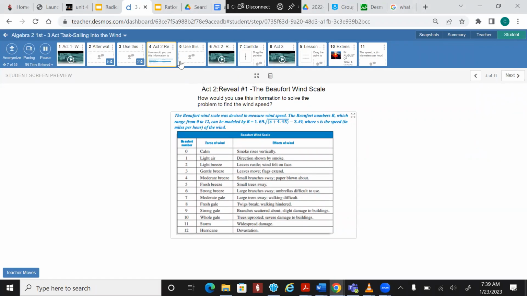That kind of stuff. So if I tell you this information, the Beaufort wind scale was devised to measure the wind speed. Beaufort numbers B, which range from 0 to 12, can be modeled by this equation, where S is the speed in miles per hour of the wind. How would you use this information to solve the problem to find the wind speed?